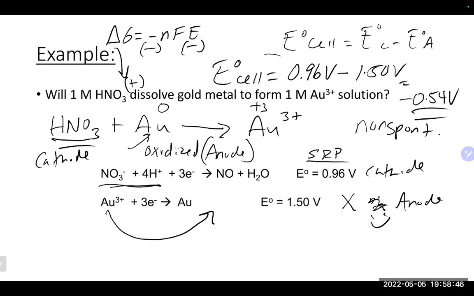But in the absence, like the first several examples we did, where it basically just said you're making a cell out of these two things, and nothing else is given to you about how it's reacting, then you could go by whichever one's more positive as your cathode, and obviously the other one would be your anode. But definitely if they give you any information about how it's happening, you need to see who's being oxidized and who's being reduced and follow that. Other questions? Okay.